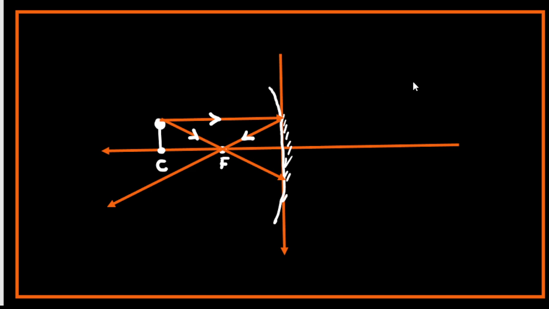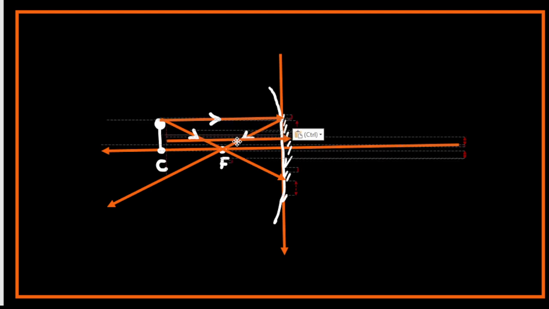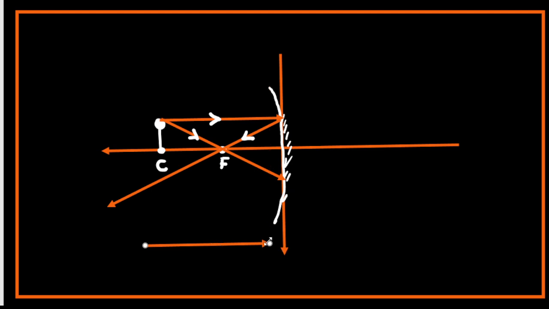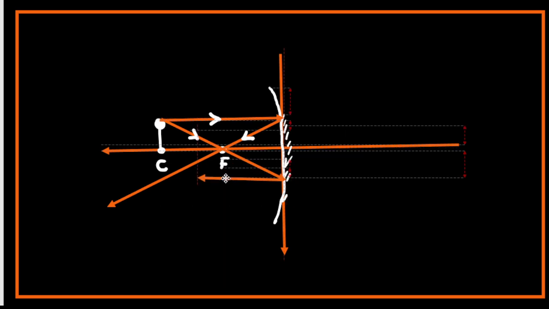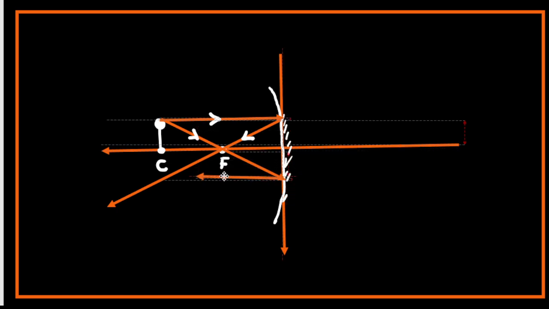So I'll draw another ray. I need to reverse this. Okay, so from here I'm drawing a ray parallel to the principal axis, so it goes like this. Based on what you can see, the second reflection is this.